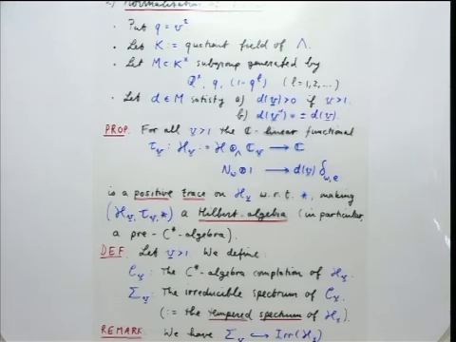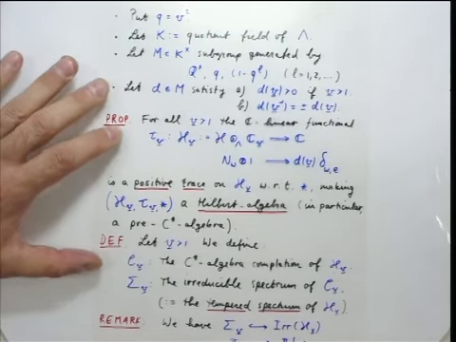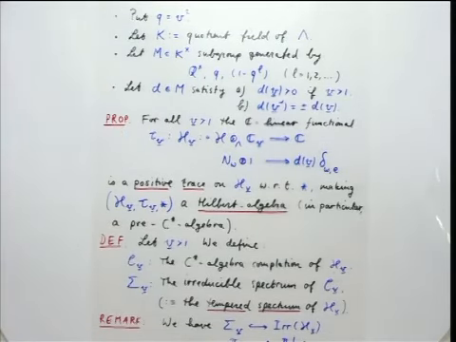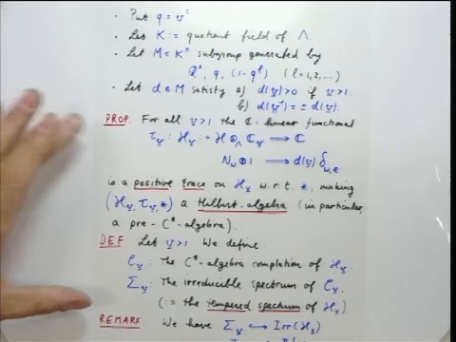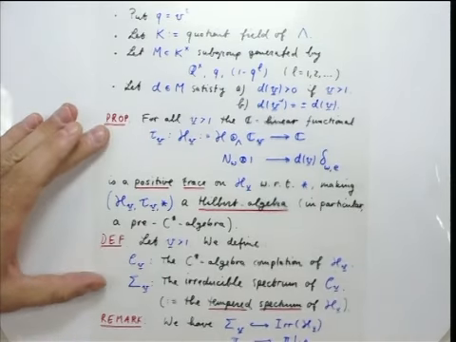And so we can take now the C-star completion of the Hecke algebra with respect to the operator norm in this Hilbert structure. And that gives us a C-star algebra. And so that C-star algebra is called C of v, where v is a special value of the parameter.